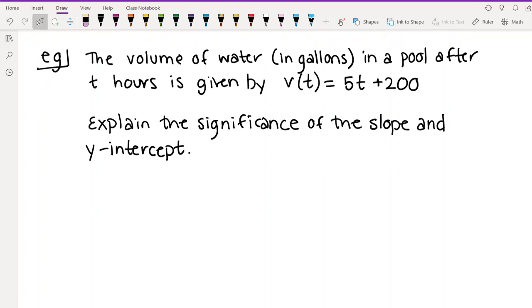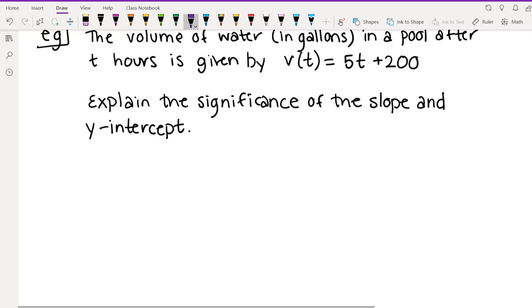Okay, so there's a few ways to think about this. I think that making a table can be a good way just to get a better handle on what's actually going on here. I think sketching the graph could accomplish the same thing, and I will show you the graph in a moment, but I want to start by making a table because I think that might help us sort of see what's going on.